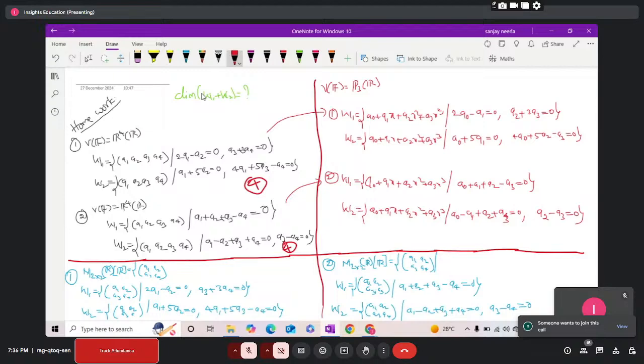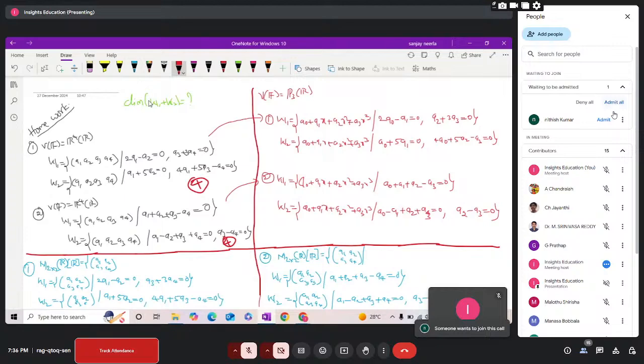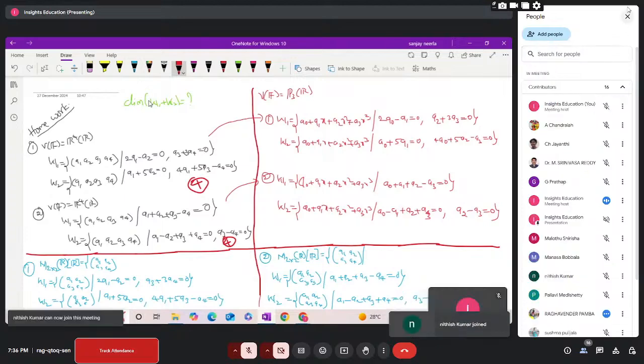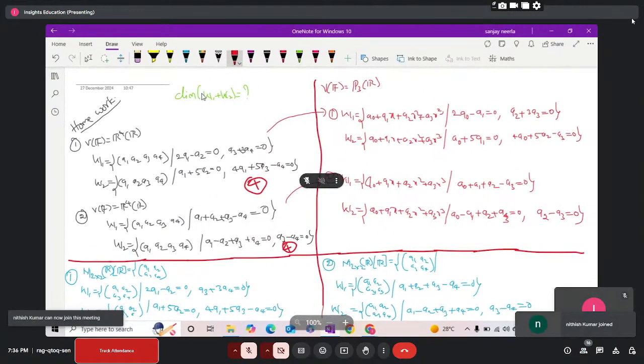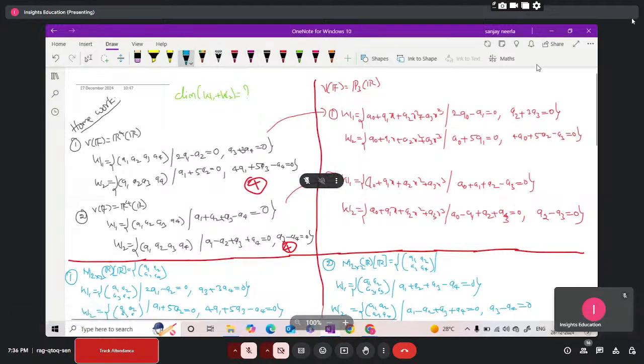The remaining are the same. So here also the answer is 4, and here again 4. Okay, good.